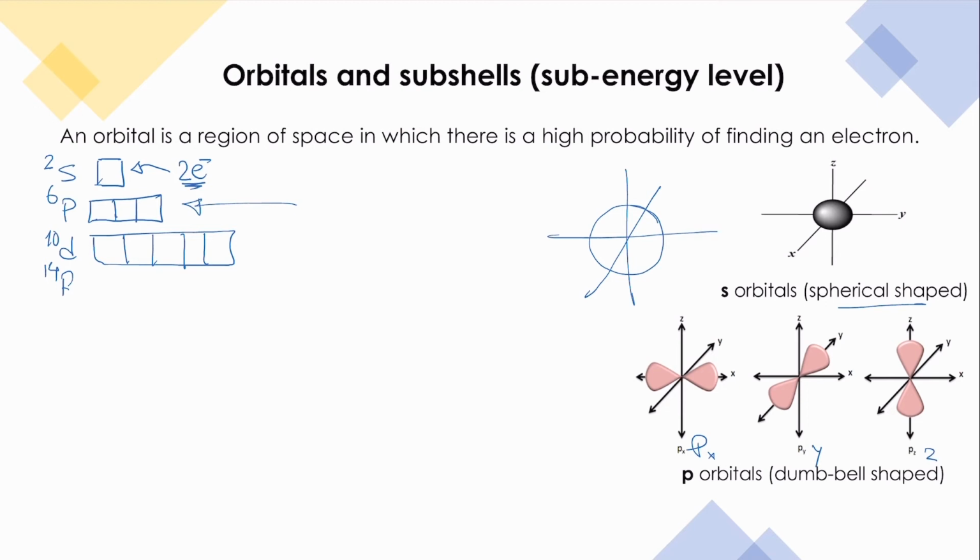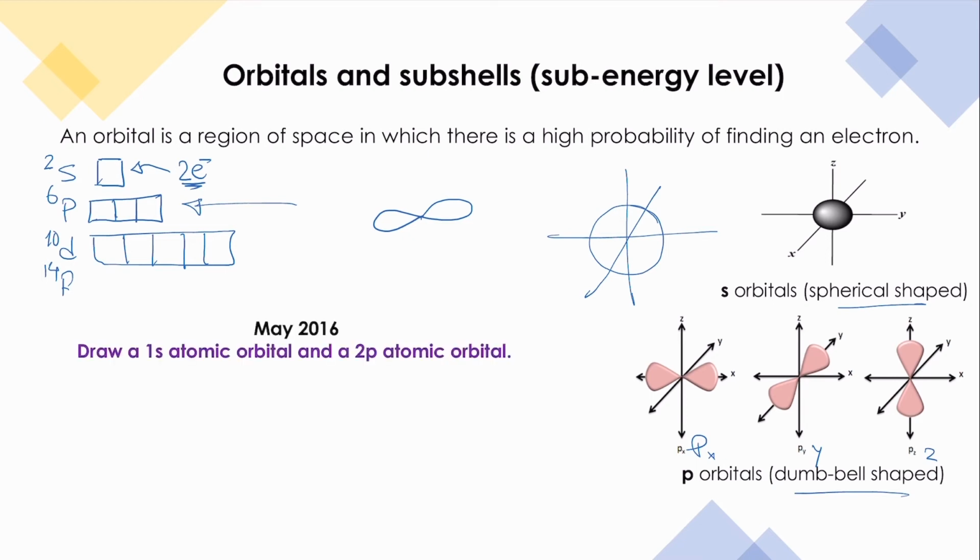All the orbitals for P are dumbbell shaped. We have Px on the x-axis, Py on the y-axis, Pz on the z-axis. It's very, very important when you are drawing the p orbitals to show the node like that.